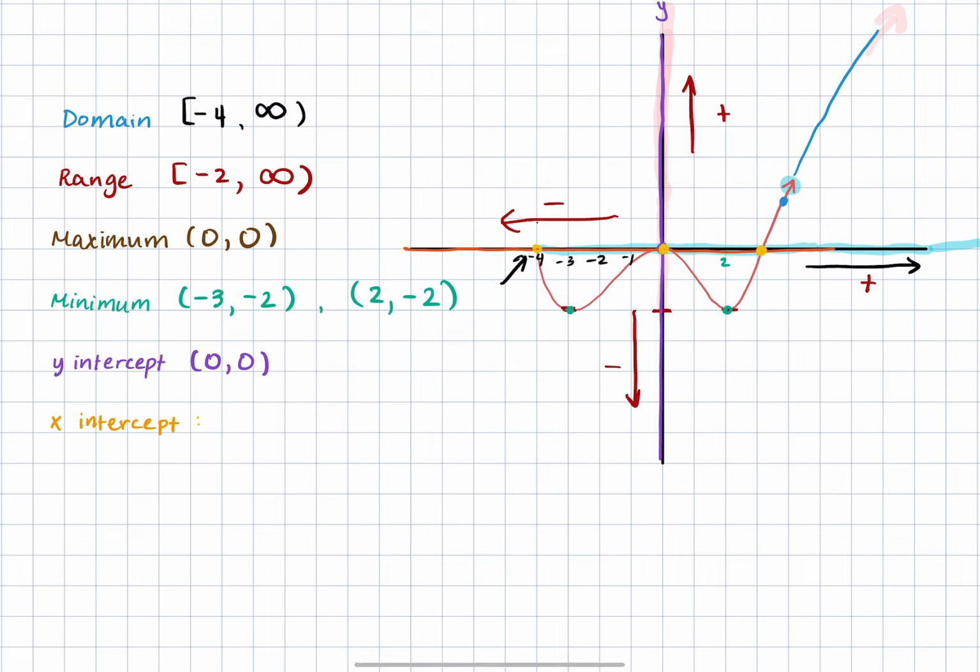So that's (-4, 0). And then we have (0, 0). And finally (3, 0). So notice that our y values are all zeros, so 0, 0, 0. And here the x value is 0.